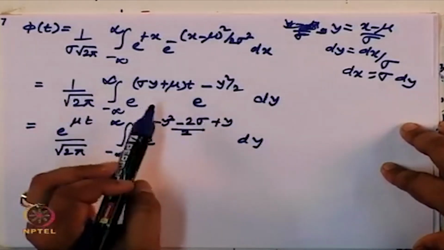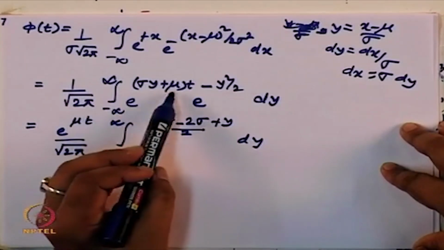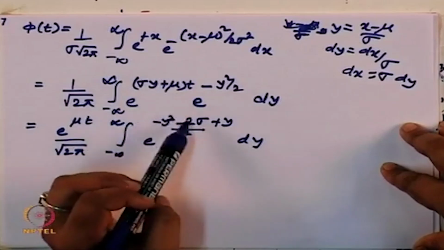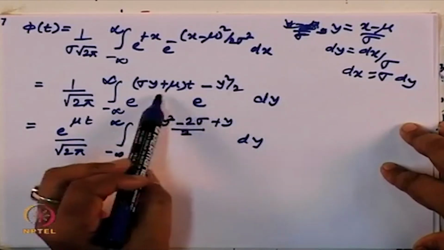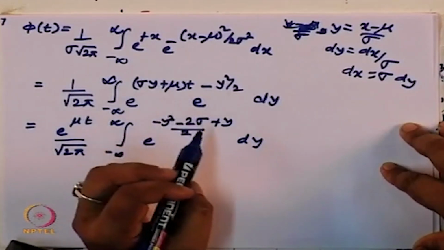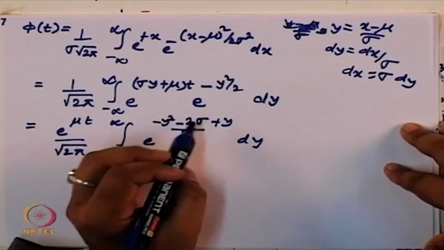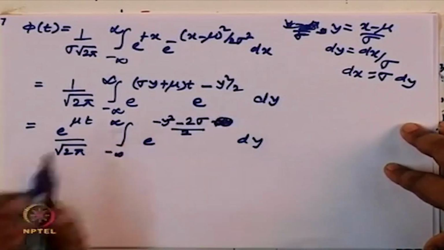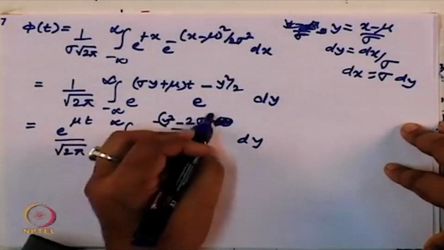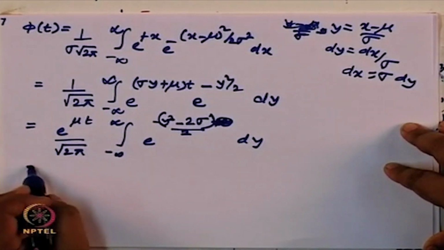So, we have minus y square t minus y square by 2 minus 2 sigma. So minus 2 sigma is what you get.